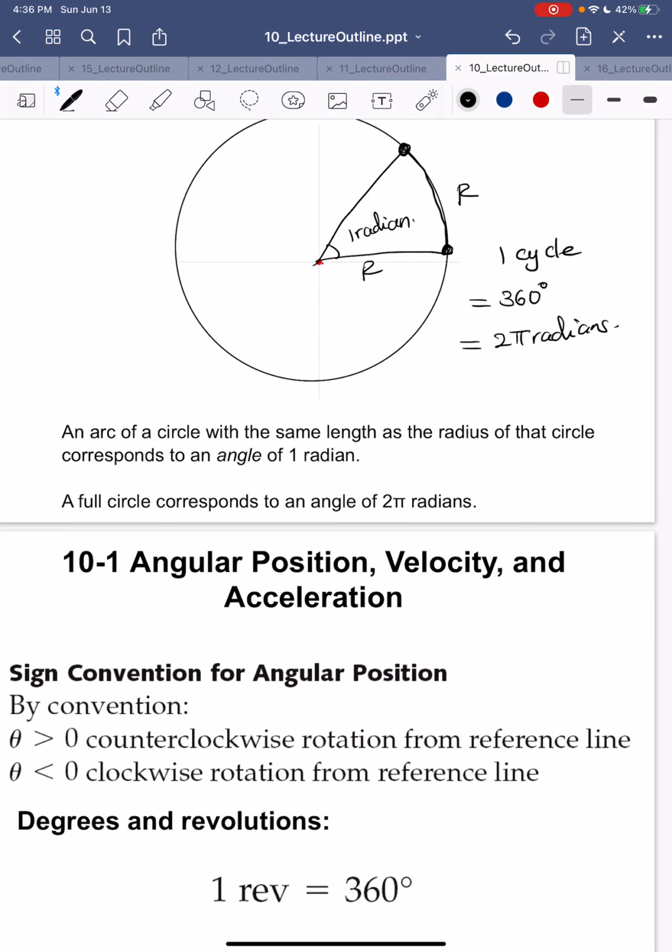We need to know that we have signs for angular position and also for velocity, which we will talk about in a little bit. By convention, when theta is greater than 0, which means counterclockwise, this is the positive direction. And when the object is moving clockwise, it is negative.